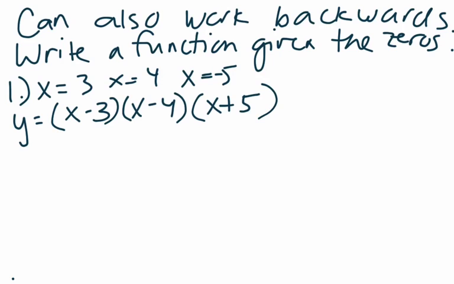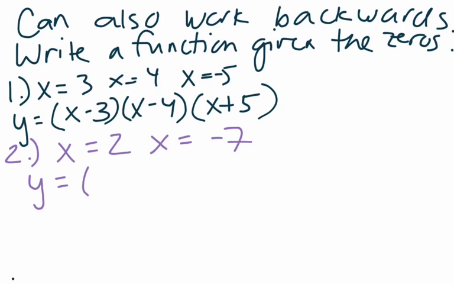Second example is write an equation with the zeros x equals 2 and x equals -7. So you'd start with y equals. The positive 2 came from a factor of x minus 2, and -7 comes from a factor of x plus 7.